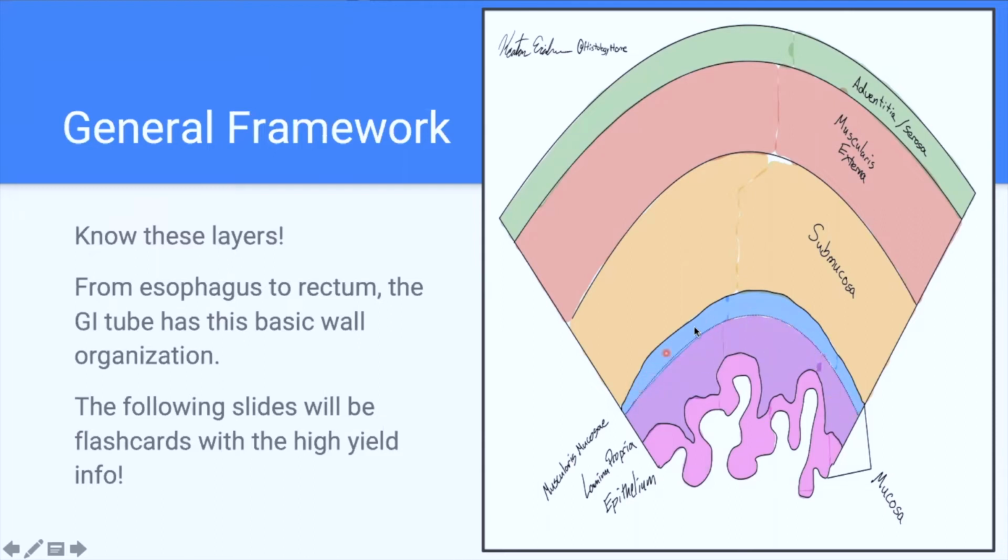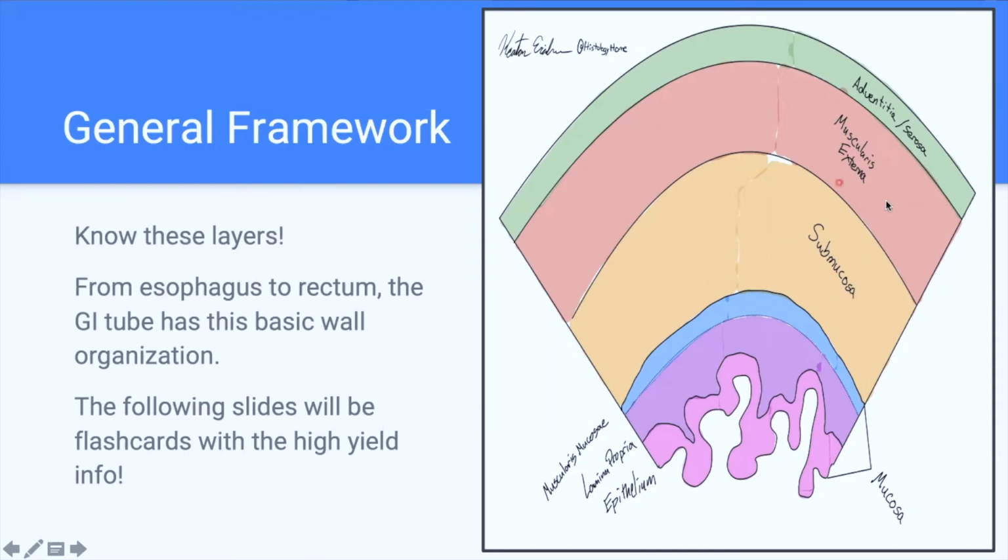So we're going to see smooth muscle just at the transition point from mucosa to submucosa. Our submucosa is primarily composed of connective tissue, and it will often have vessels associated with it. And then in some portions, we might even see glandular structures in the submucosa.